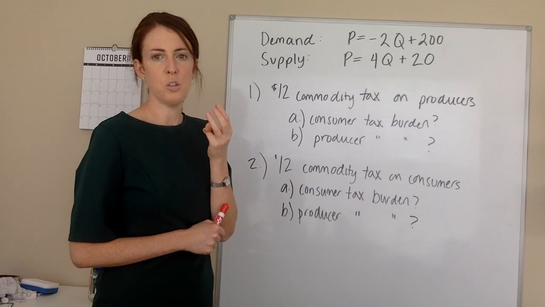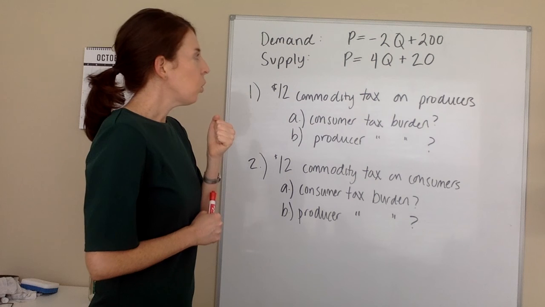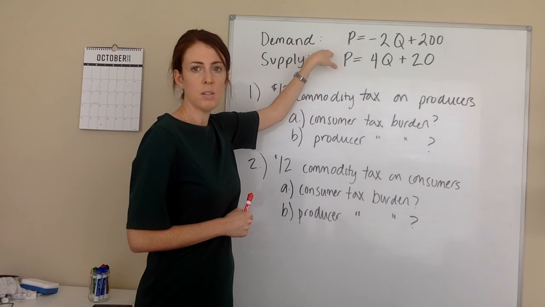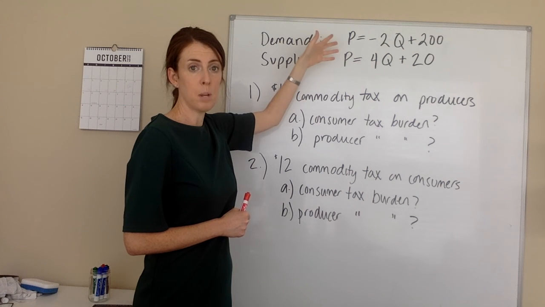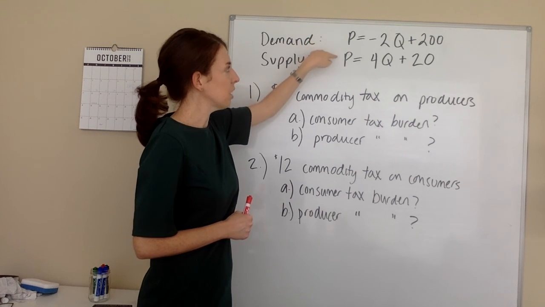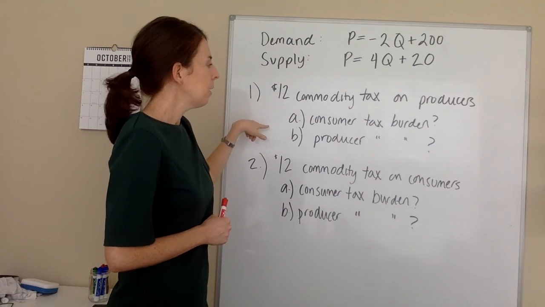Here are three things you can use to spot check yourself as you're going through the math. First, what we learned was that whichever side of the market has the more inelastic response to the price, that's the side of the market that bears the majority of the tax. So note which one of these two is more inelastic, and that will tell you whether A or B should be bigger.